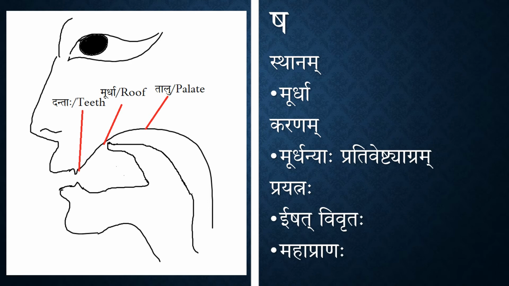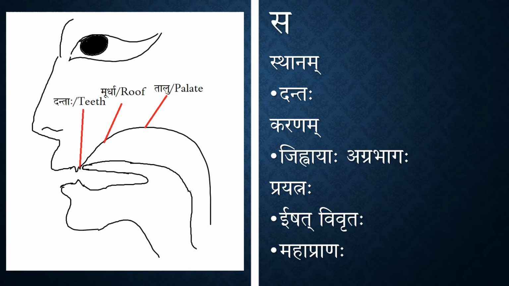For sh, it does not touch, or it slightly touches while pushing the air out, whereas ta, tha, da, dha, na touch this part. So with the tongue not completely touching that part, and with air pushing out, sh can be pronounced.